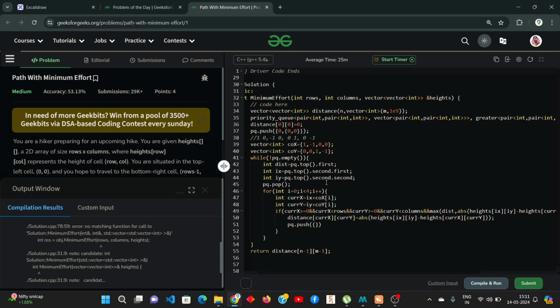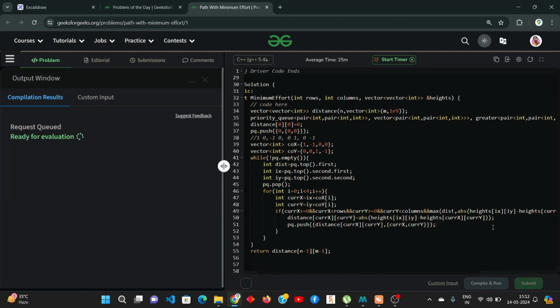We have to insert the weight first. The weight is distance of cx cy, and the position, that is the new position, cx cy. Okay, so I think everything is clear, and let us try to run the code.